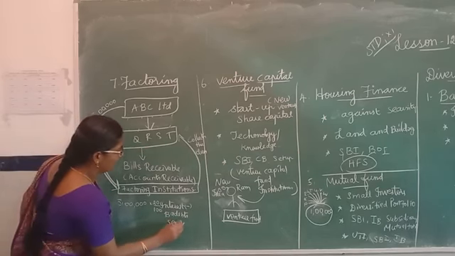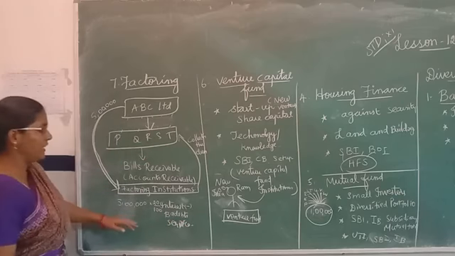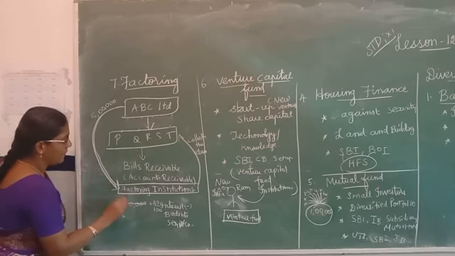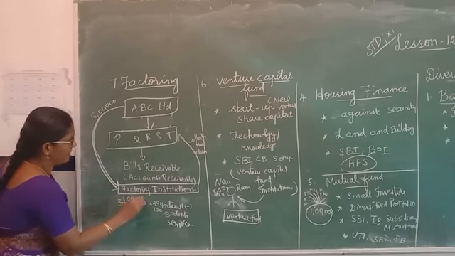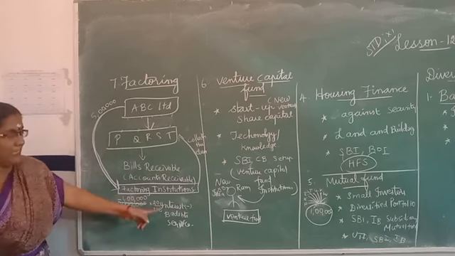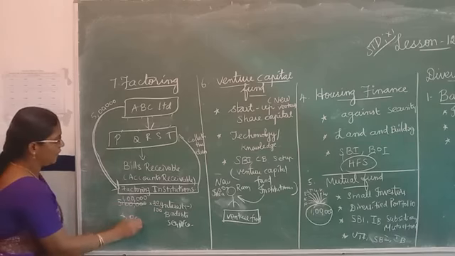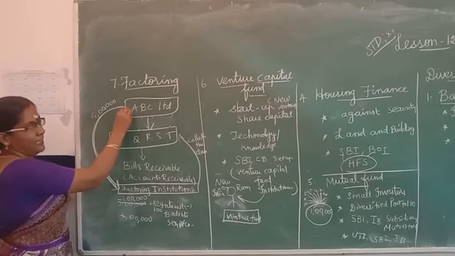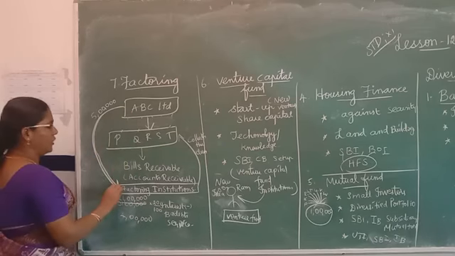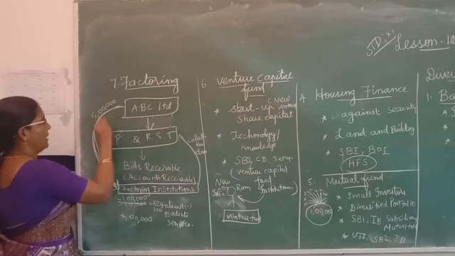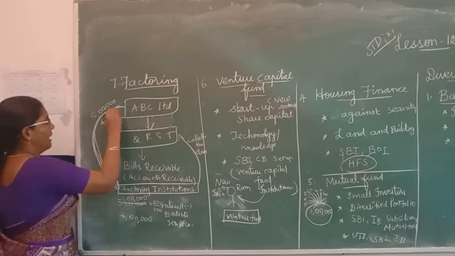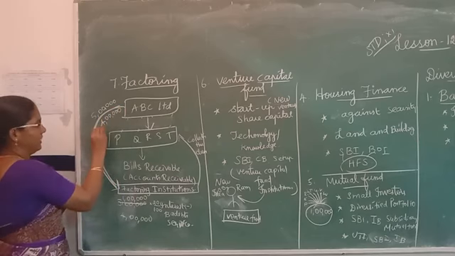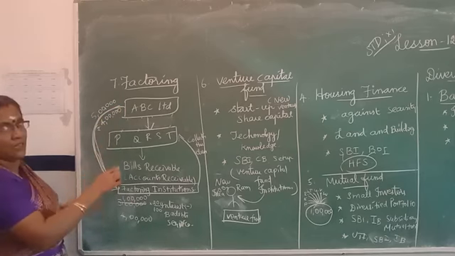It will reduce 20%. 20% of 5 lakhs is 1 lakh, so it will deduct 1 lakh and the remaining 4 lakhs will be handed over to the company.